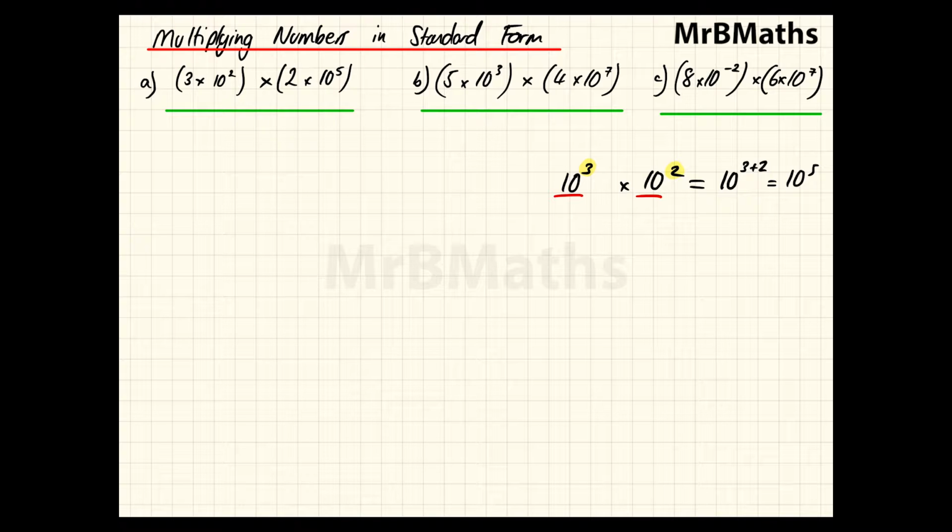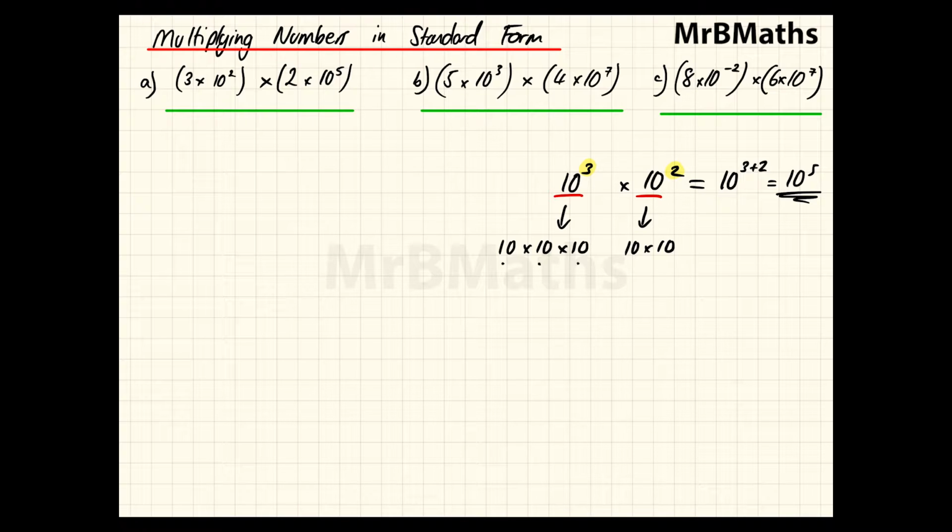Now just briefly, and I'll do a separate video on this to explain it thoroughly, why it's 10 to the 5 is as follows. Because 10 to the 3 does not mean 10 times 3, it means there are 3 lots of 10 multiplying with each other, so 10 times 10 times 10, okay? And this next one means 10 times 10, and when we are collecting these, we are simply saying how many 10s do we have.